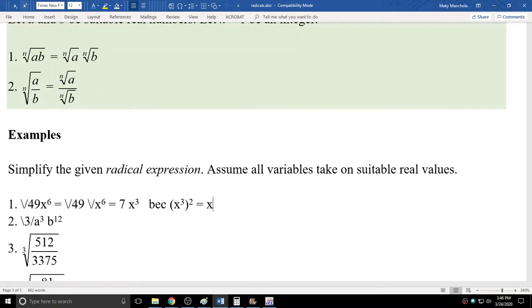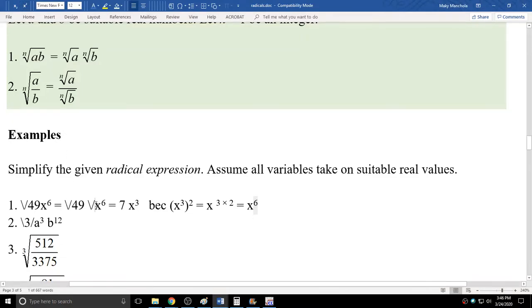So it's x to the power 3 times 2, but that's simply x to the 6th. So in conclusion, the square root of x to the 6th is just x cubed. Next example.